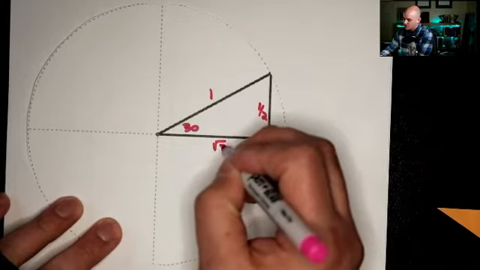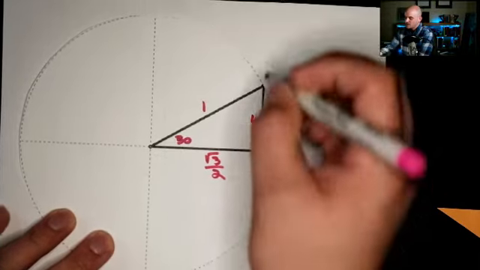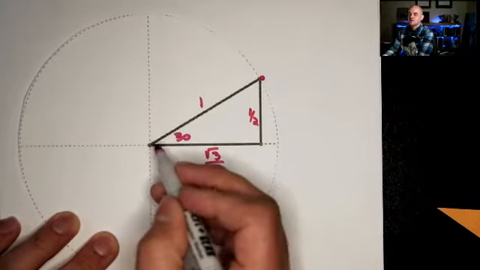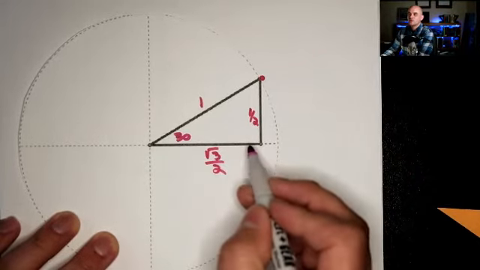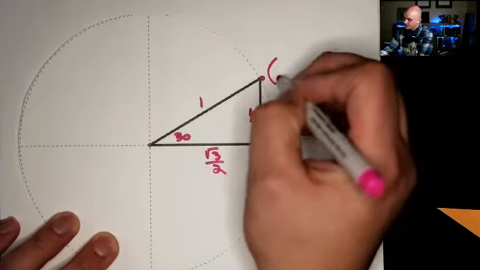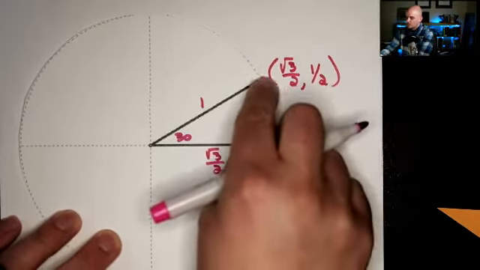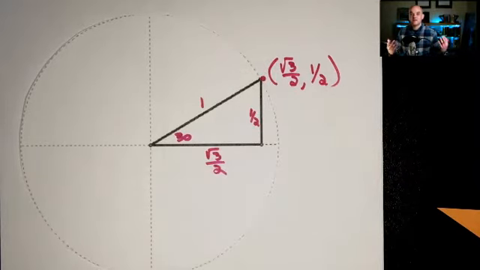And we said in that last video that if we pretend that's the origin, we go over root 3 over 2 and up 1/2. So root 3 over 2, comma 1/2, is an ordered pair for that spot. But it means nothing to us until we see what's going on here.